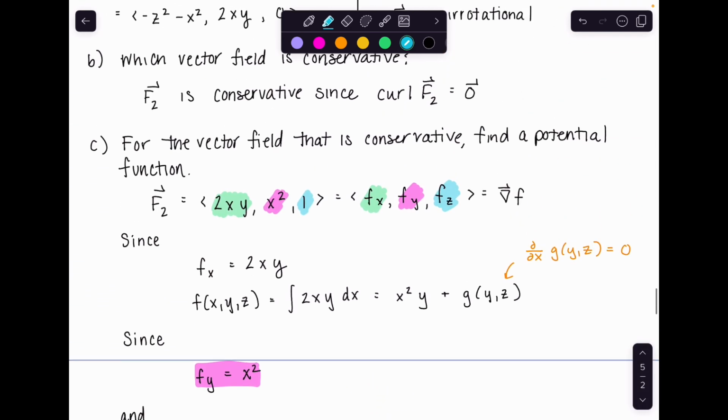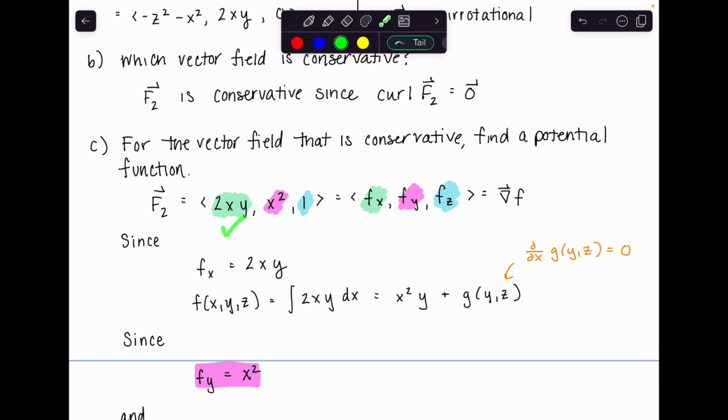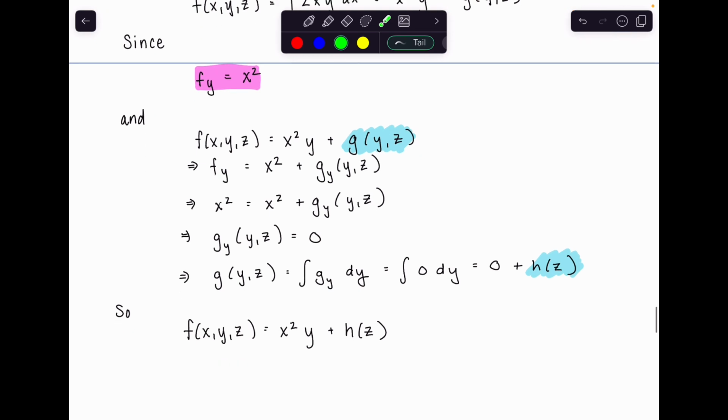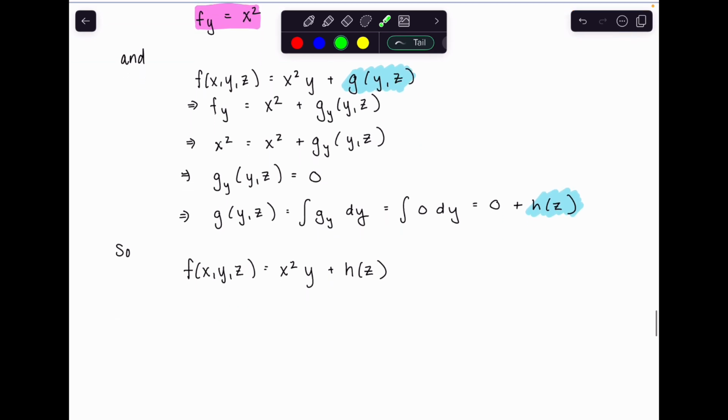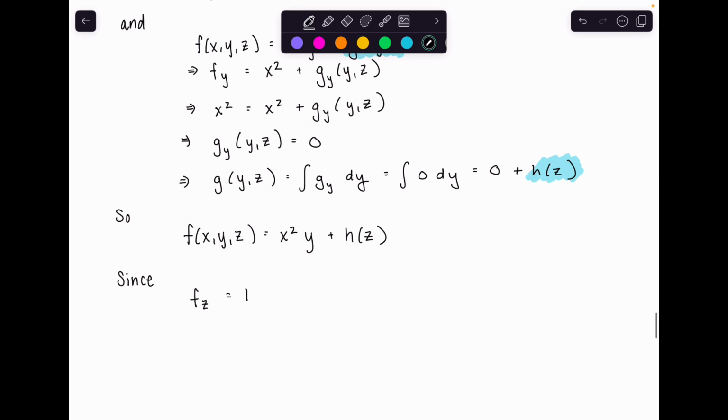So going back up here, I've used this piece, I've used this piece. Now I want to utilize the partial with respect to z. Since we know the partial with respect to z of our function is 1, and if I take the partial with respect to z of this piece, well, that's nothing. And then the derivative of h of z is h prime.